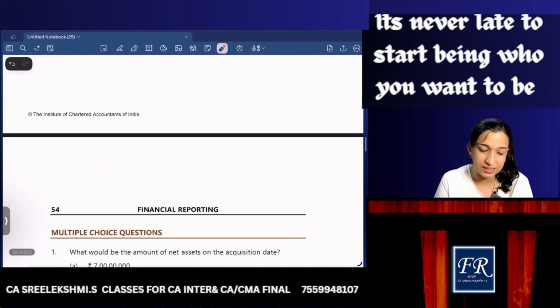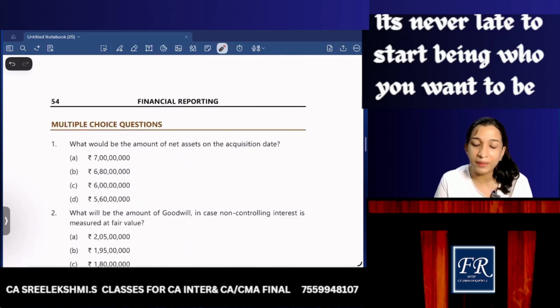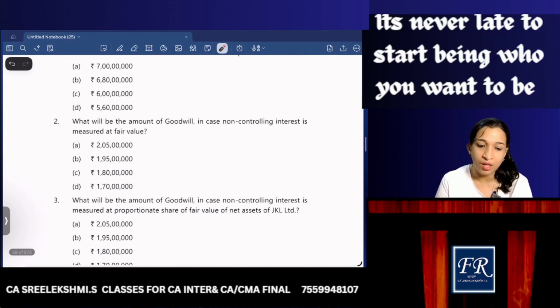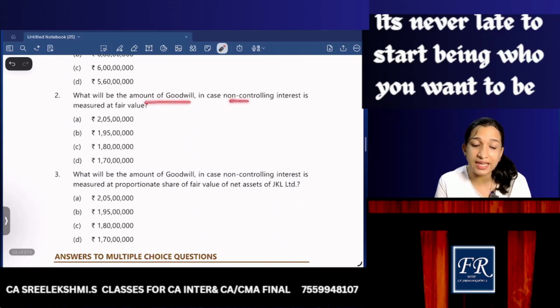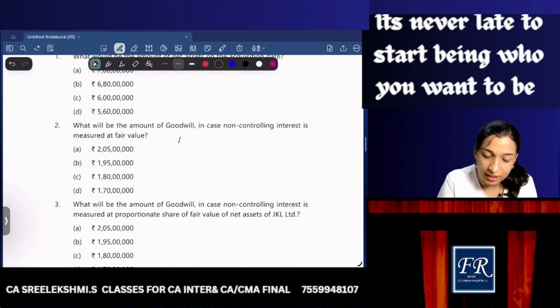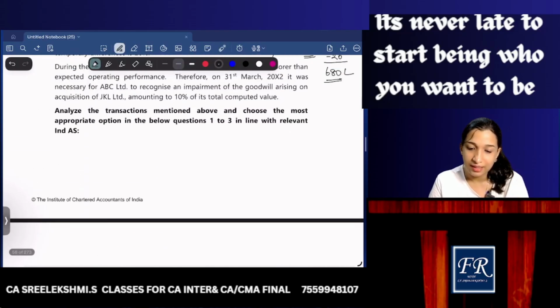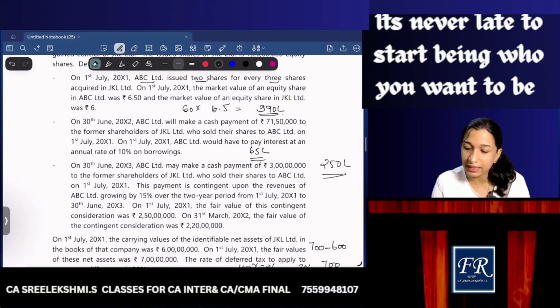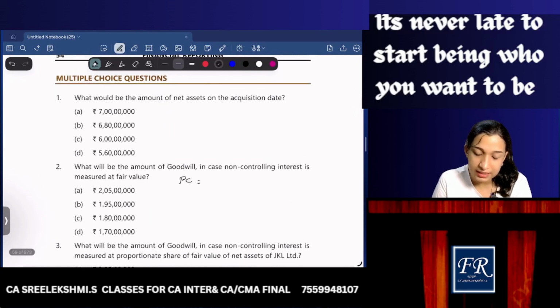So, what are the questions here? What would be the amount of net assets on the acquisition date? We calculated 680 lakhs, 7 crore minus deferred tax liability 20 lakhs. What will be the amount of goodwill in case NCI is measured at fair value? So purchase consideration we calculate as, take the total 390 plus 65 plus 250, 705 lakhs is purchase consideration.